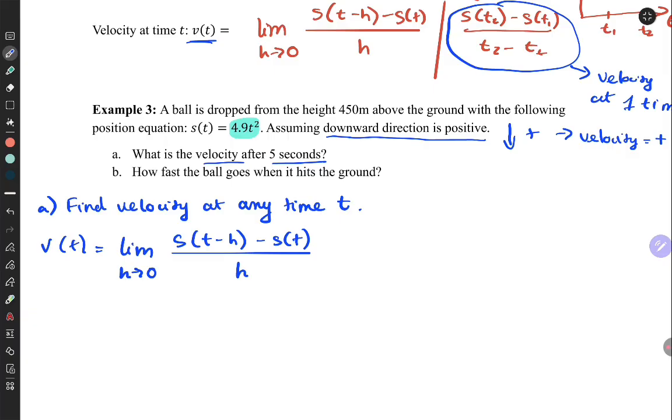You have your s of t right there. You have this down here. Now you just have to plug in t plus h there. Expand that, simplify. Make sure of your goal. What is your goal in this problem? In terms of algebra, what would be your end goal?